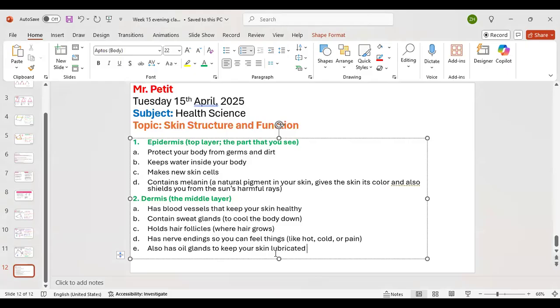Same thing. Okay, lubricated. And make sure your skin does not end up cracky and crusty. Exactly. Thank you. It's oily. Thank you, Aiden.